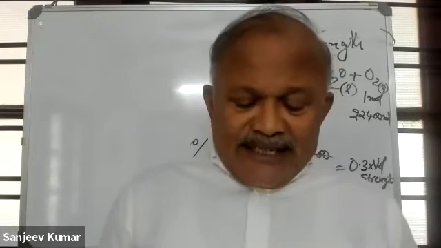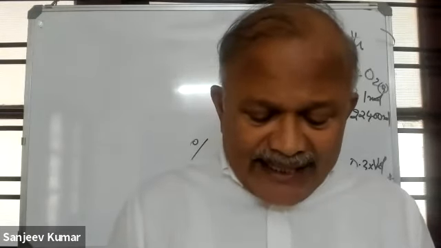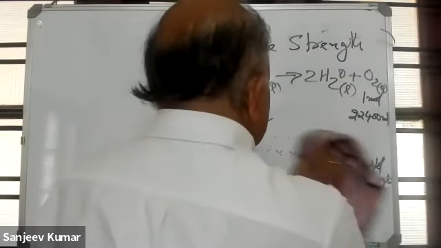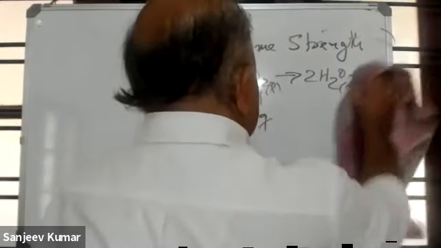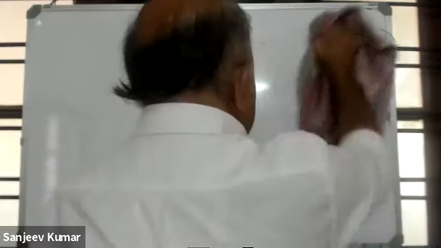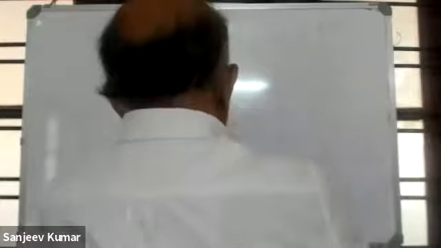The fourth question is, in which of the following reactions H2O2 is acting as a reducing agent? In hydrogen peroxide, oxygen is in the -1 oxidation state. In the last class, we discussed the oxidation number of all elements and the oxidation number of oxygen in usual oxide.